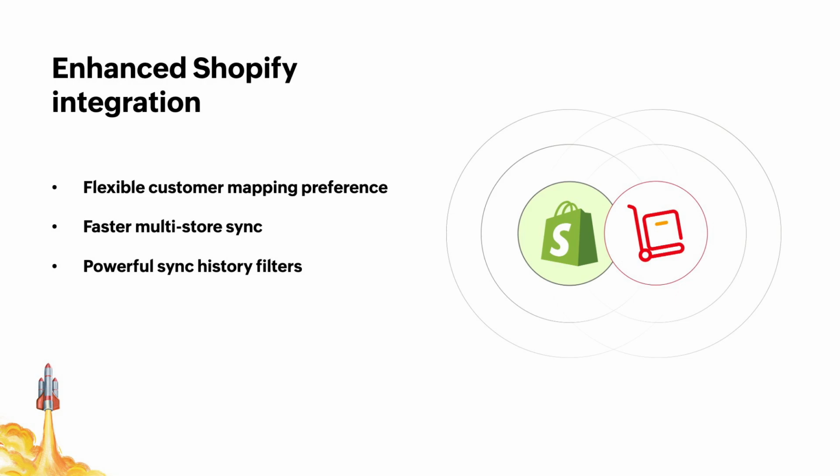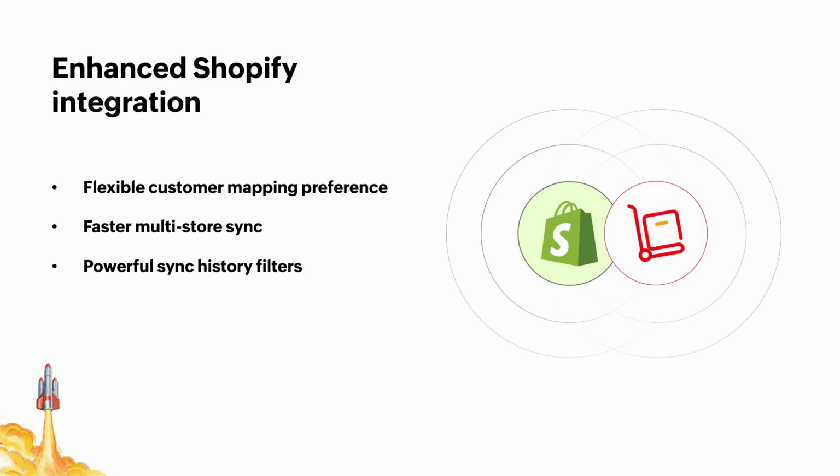So say if you want to keep track of all sales from Shopify under a single customer name, this feature comes in handy. And we also have this option where you can integrate multiple stores from Shopify into Zoho. So if you're one such user where you have multiple stores from Shopify and you've integrated them with Zoho, we now have this option where you can define sync preferences for each store that you sell on.